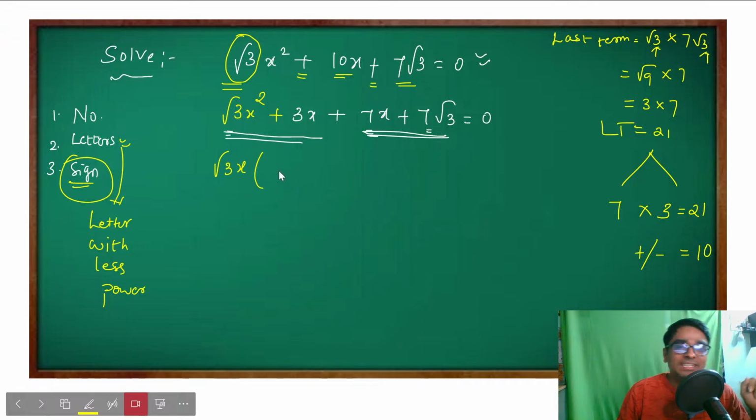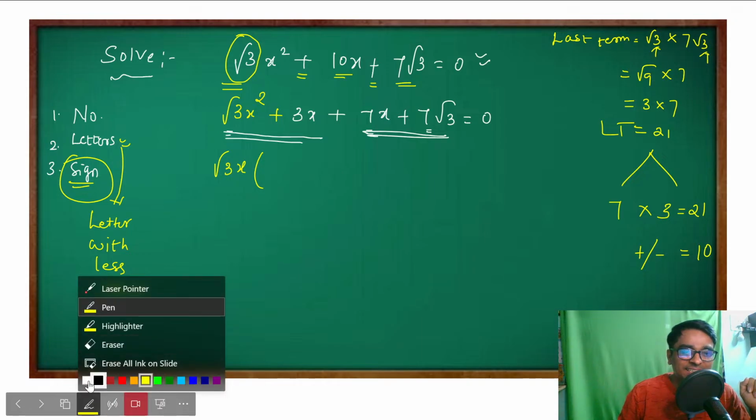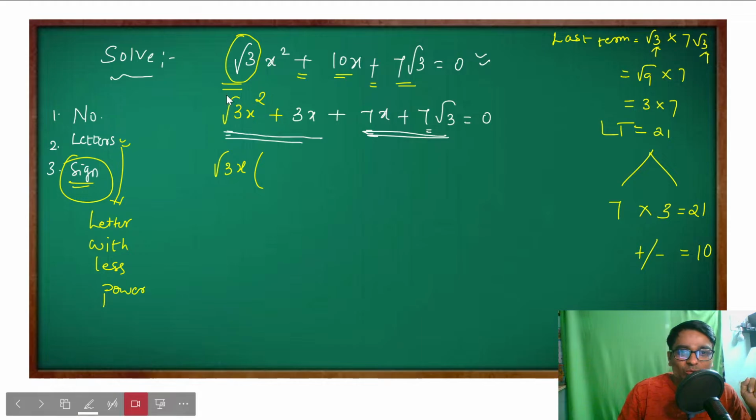What will remain now? How will you check what is remaining? Root 3 was there in the first term and that itself is out, so root 3 is not there. x square was there, x is out, so only x is remaining. Now here 3 was there; among the 3, root 3 has gone out.